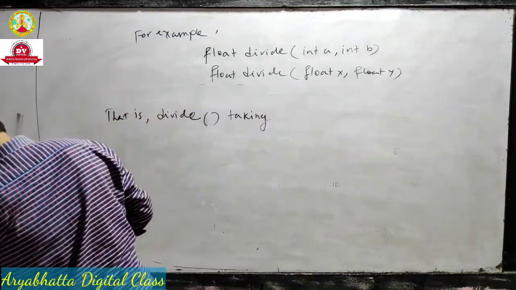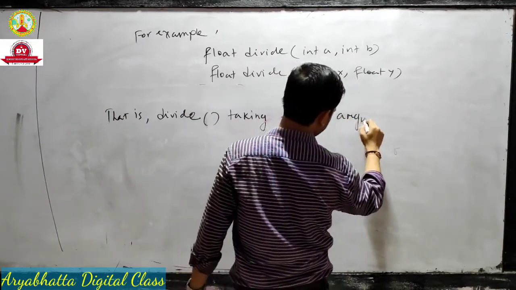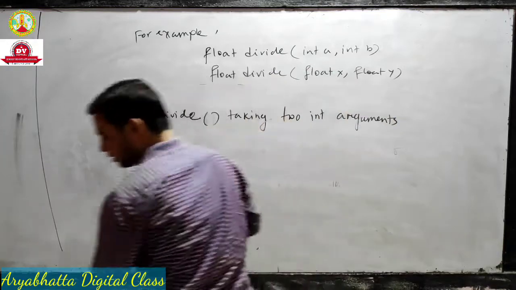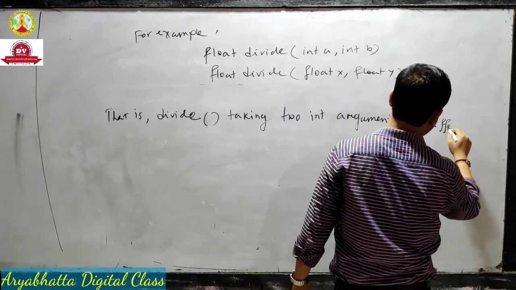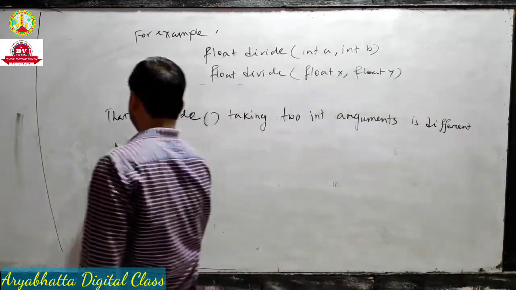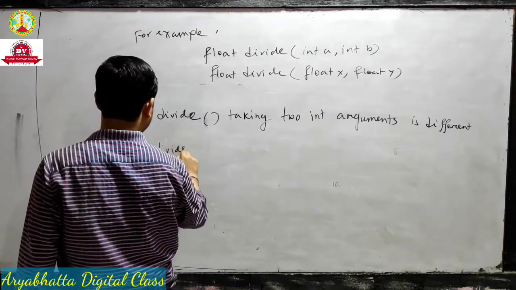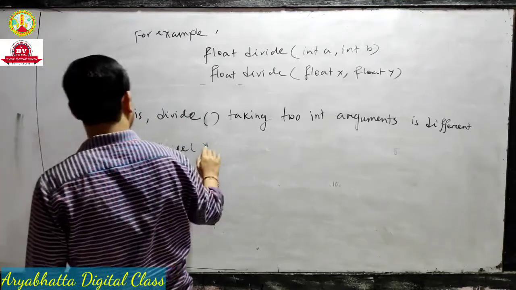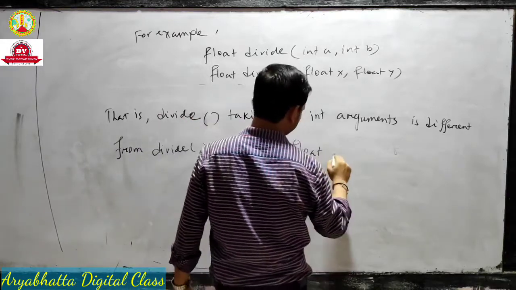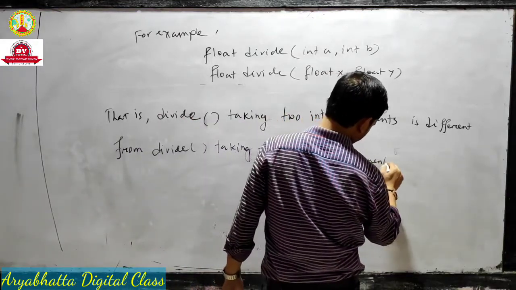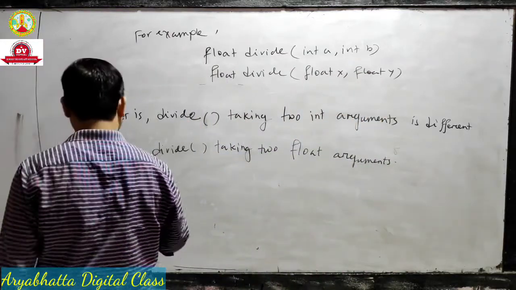Taking two int arguments is different from divide taking two float arguments. Okay, you see, this is known as function overloading.